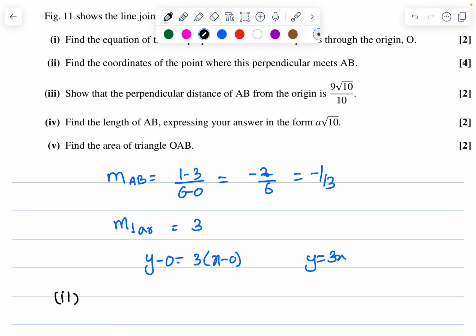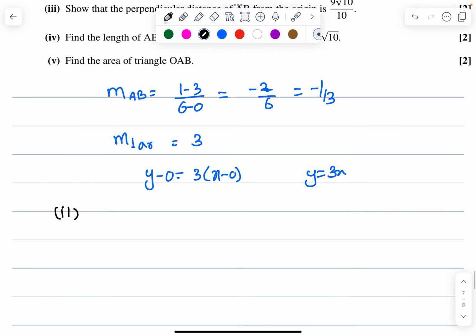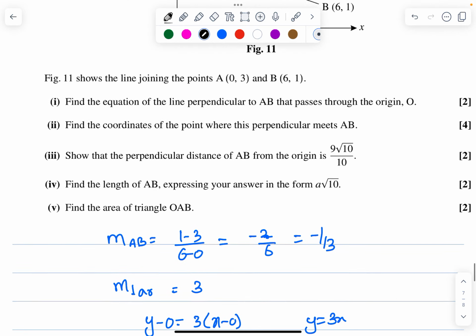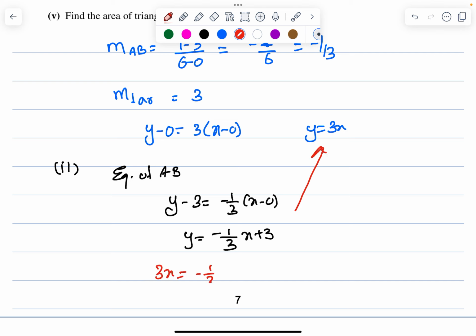Part 2. Find the coordinates of where the perpendicular meets AB. First of all, I'll find the equation of AB. Y minus y1 equals m times x minus x1. So y equals negative 1 upon 3 x plus 3. Now I'm going to solve the simultaneous equations. So 3x equals negative 1 upon 3 x plus 3.